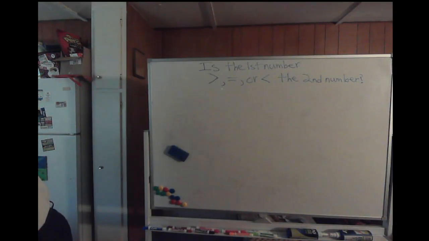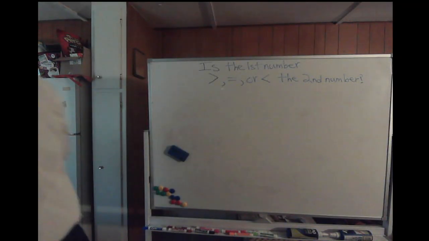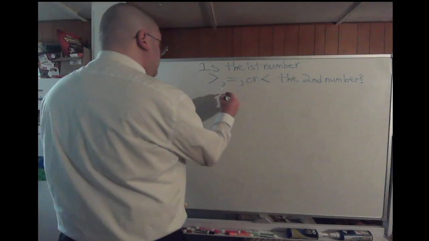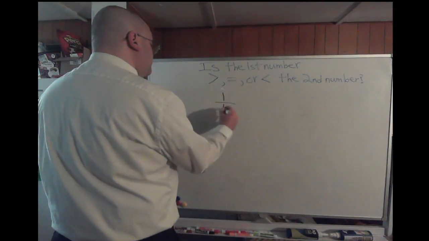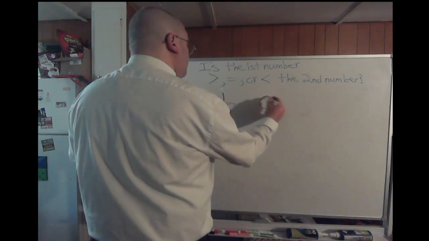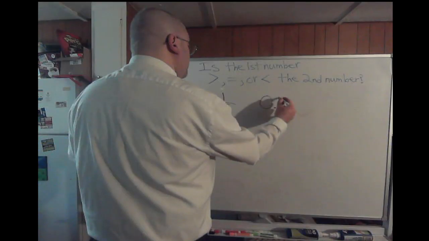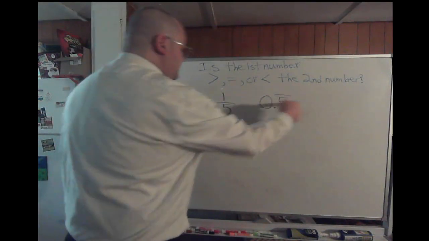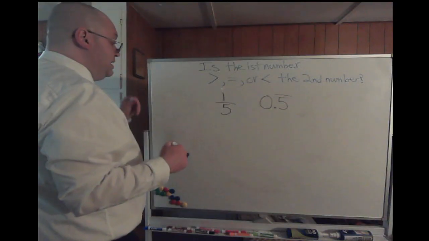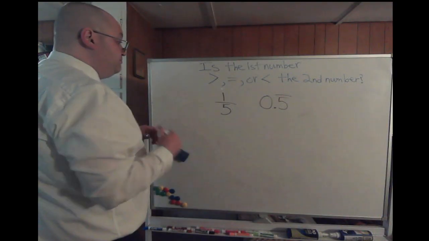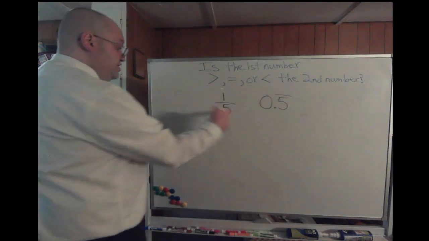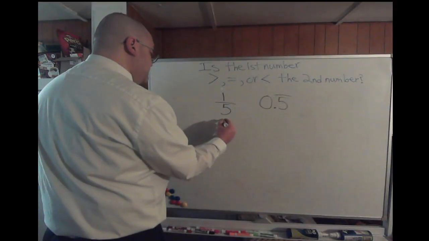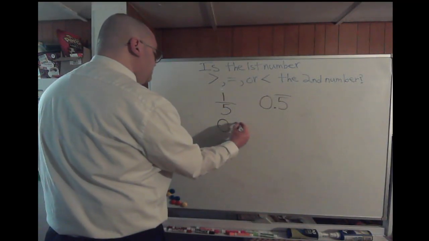All right, I got 4 more here. I think we can do it. We got 1/5. Then we have 0.5 with the bar over the 5, meaning that the 5 repeats infinitely. What we have to do, of course, is convert the 1/5 into a decimal. That'll be 0.2.